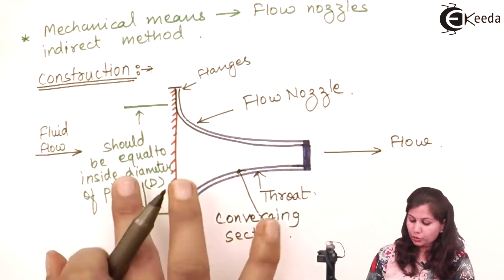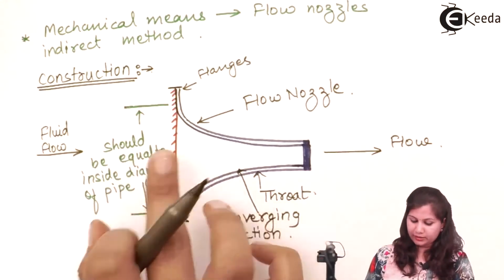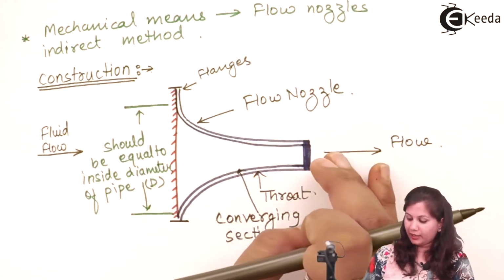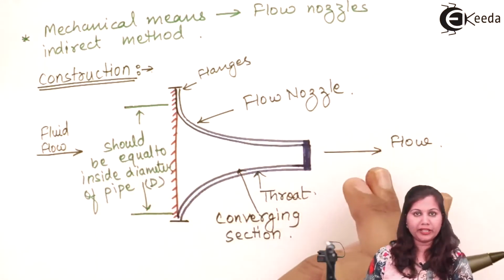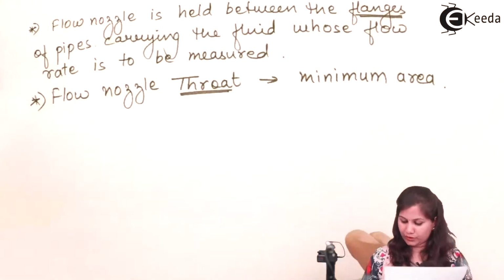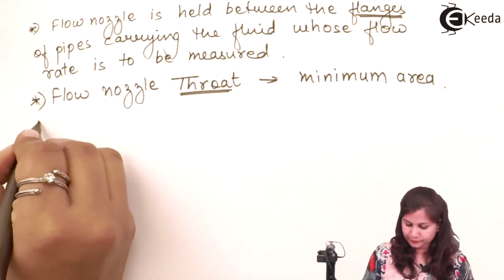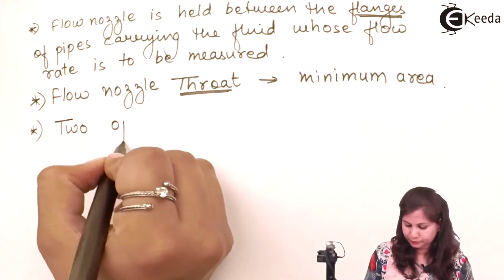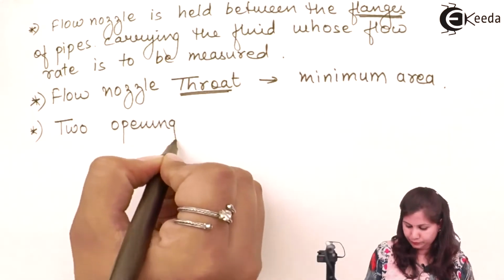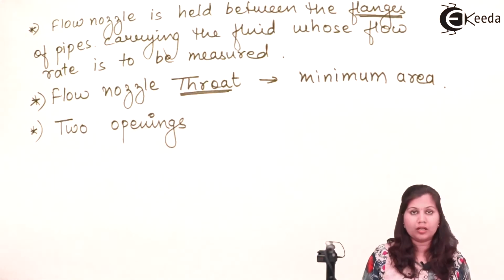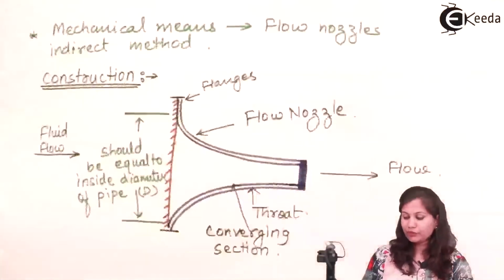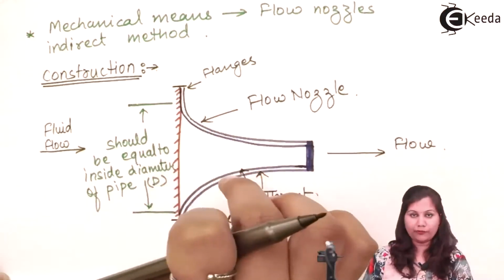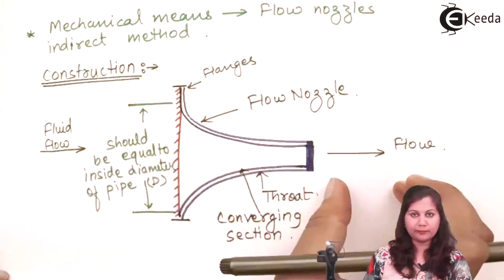Now there are two openings. One is the opening from where the fluid is entering, and another opening from which the fluid is coming out of the flow nozzle. Now, when this fluid is flowing, due to this obstruction of the flow nozzle, there will be a change in the pressure.